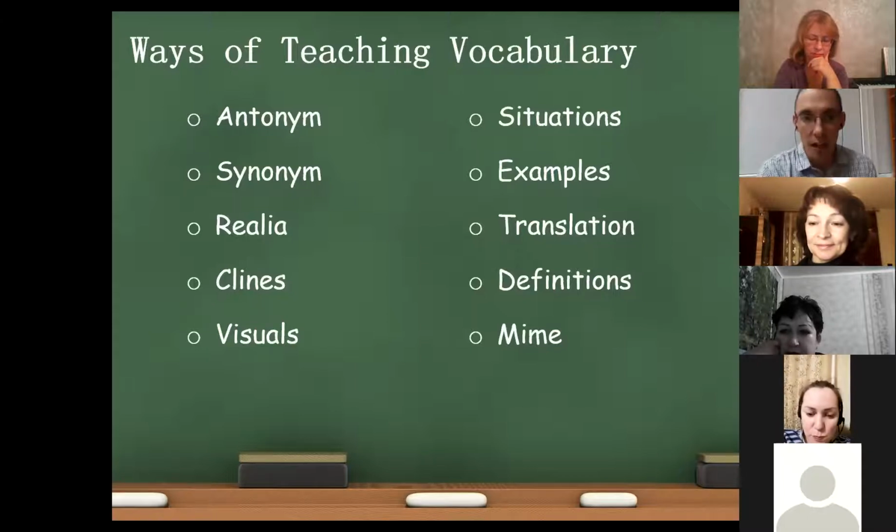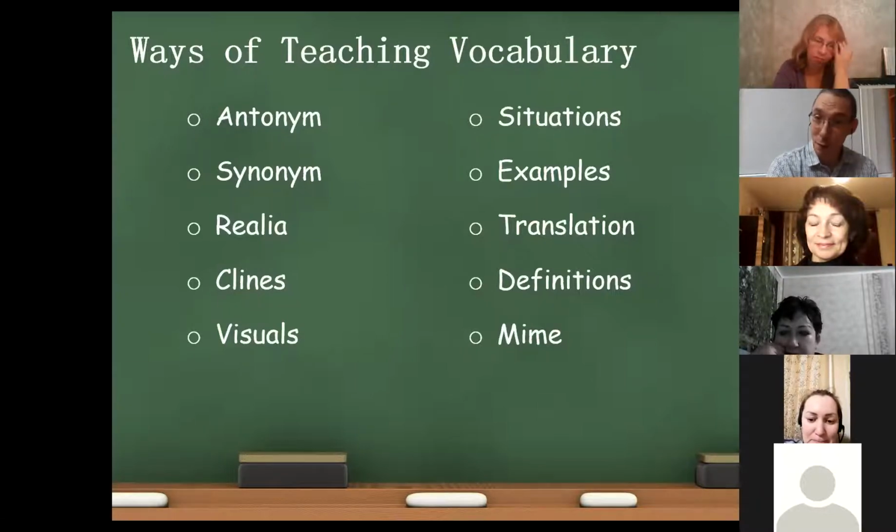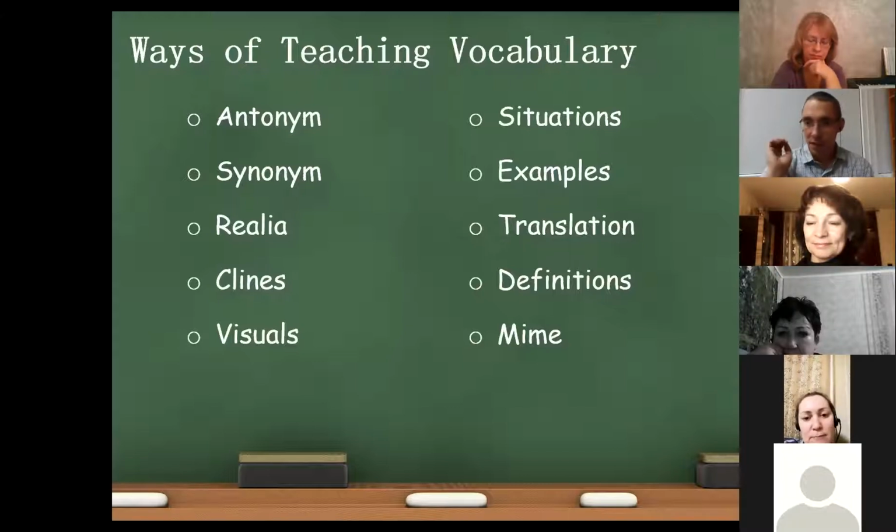Another one is clines. Does anybody know what that is? It's kind of a specific word connected with level or degree of strength. For example, it's good, it's great, it's fantastic.